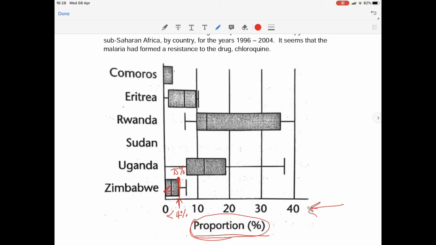So in other words, there was failure. The higher you are up on this axis, the higher the proportion of your cases failed to respond to treatment. The lower you are, the fewer cases failed to respond to the treatment.